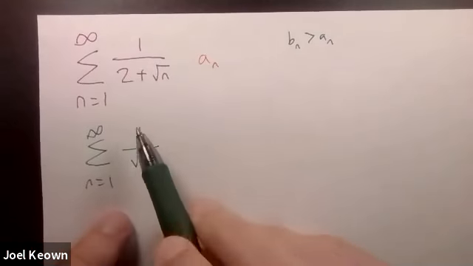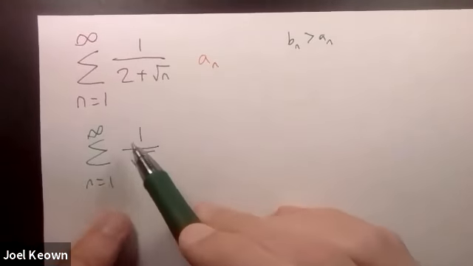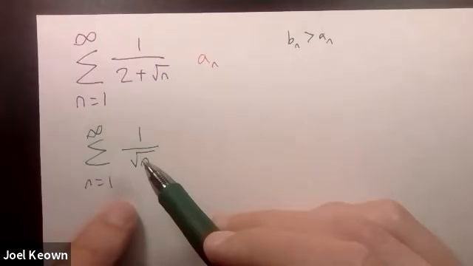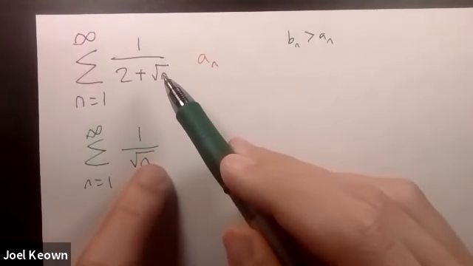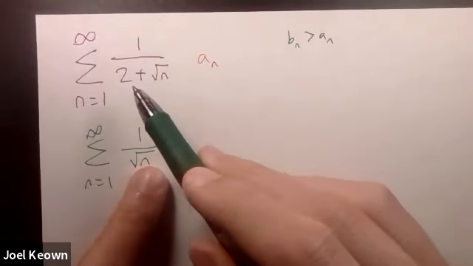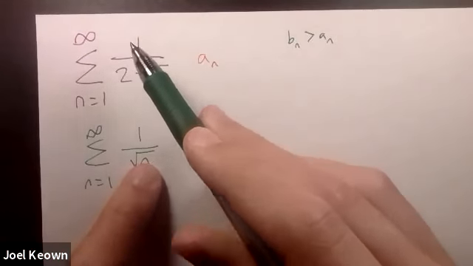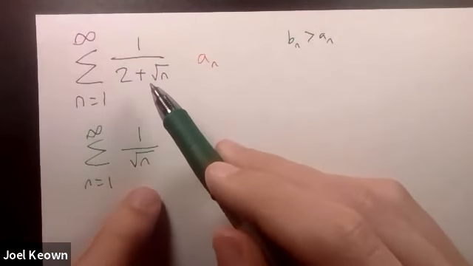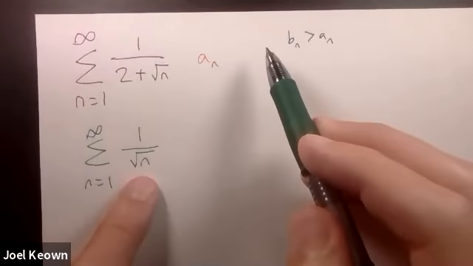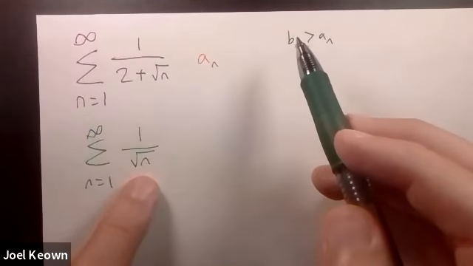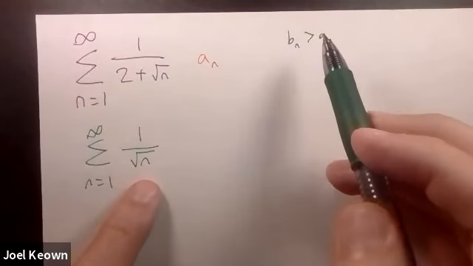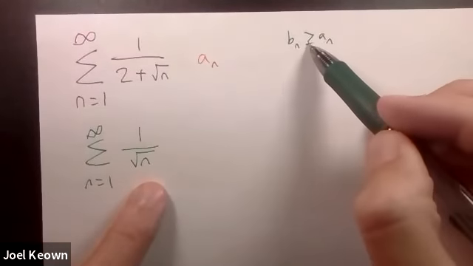Well, this is going to give me very similar values. For every time I plug a number in for square root of n, the only difference is this one adds 2 to the denominator, which makes the overall number just a little bit smaller than this one. So I know that this is going to give me a value just a little bit larger than this one.